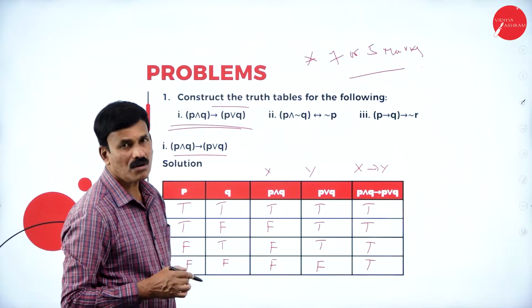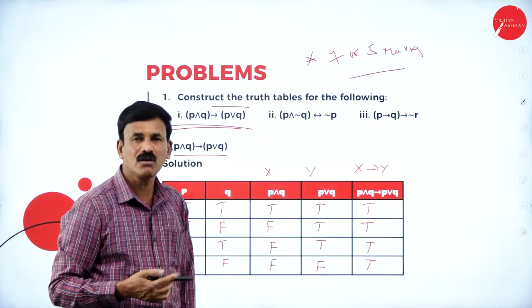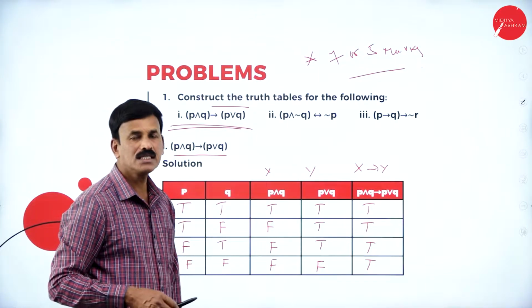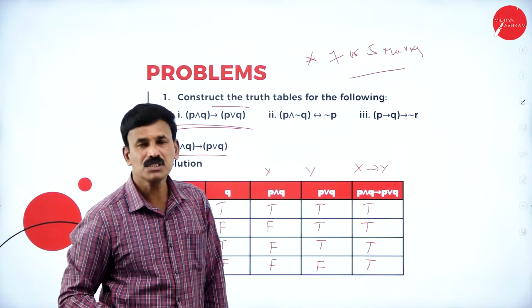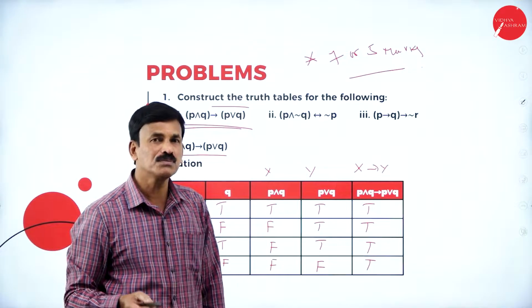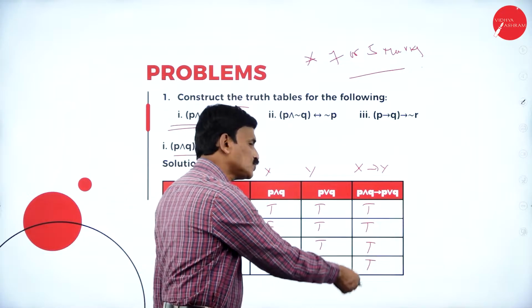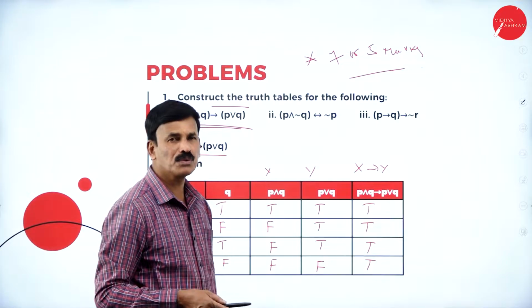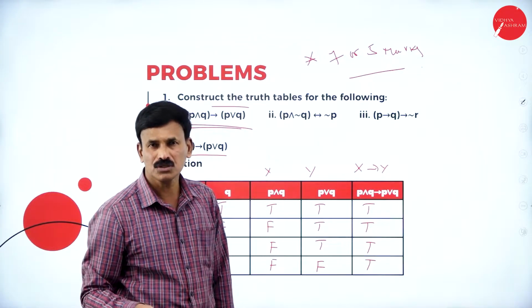If we get all the truth values as T, then the given compound proposition has a special name called a tautology. In the examination they may ask, verify that the given compound proposition is a tautology, for 7 marks. If you get all the truth values as T, it is called a tautology.